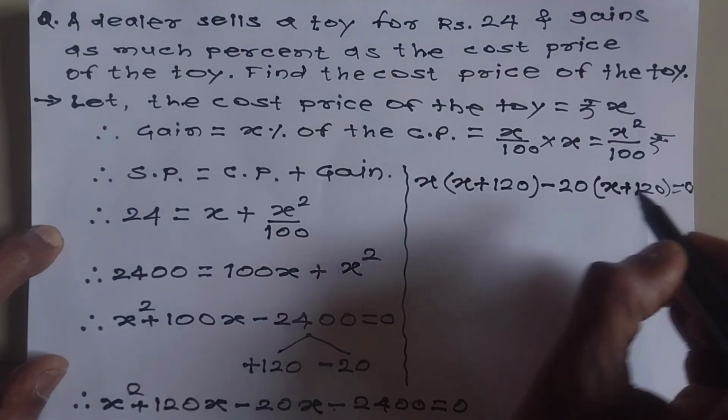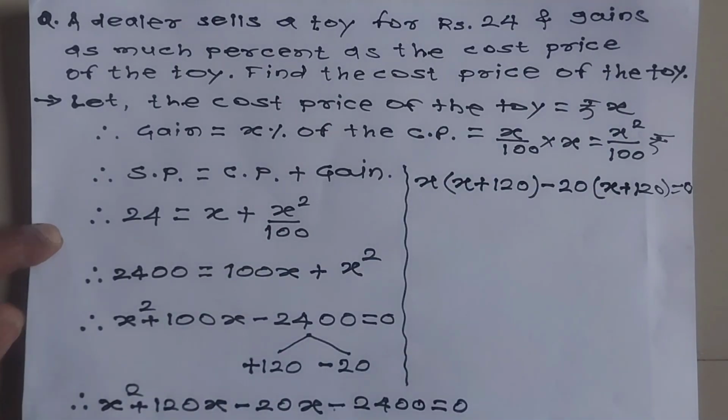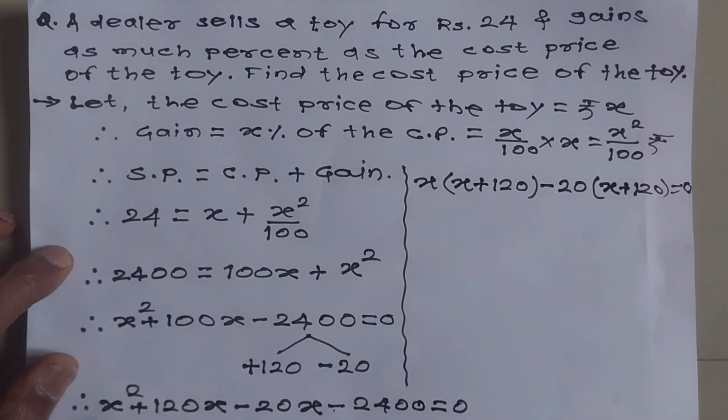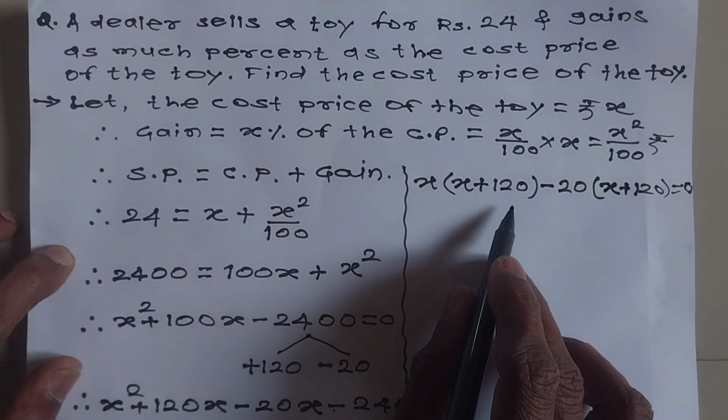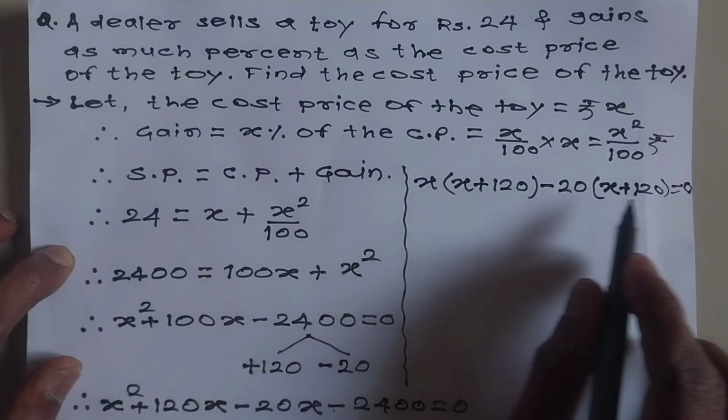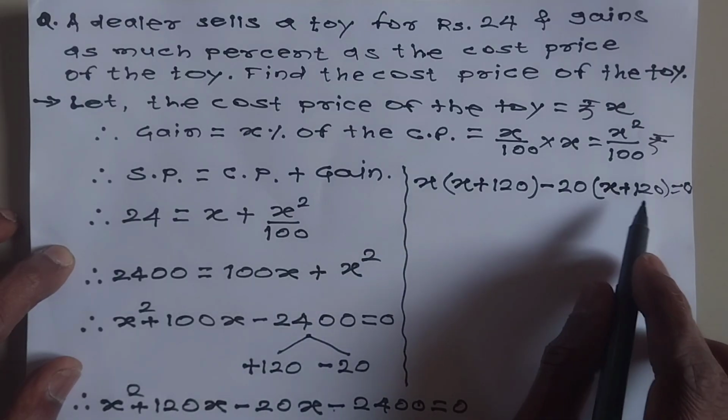Look at this: x common, so x in bracket x plus 120, and the same bracket here.